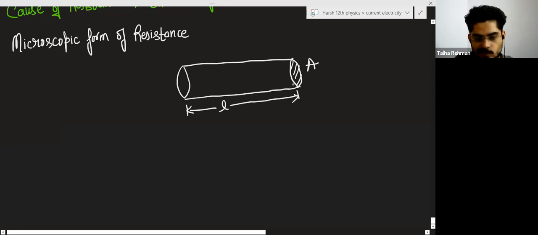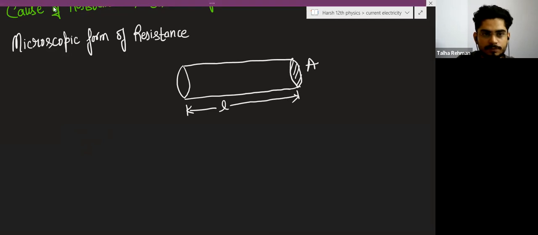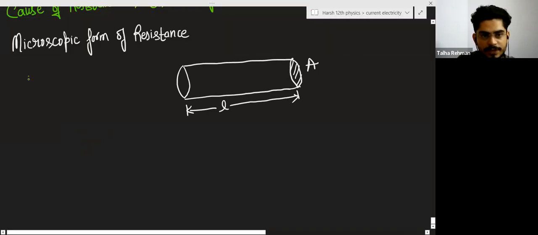Okay. So we have just derived the relation between the current and the drift velocity.